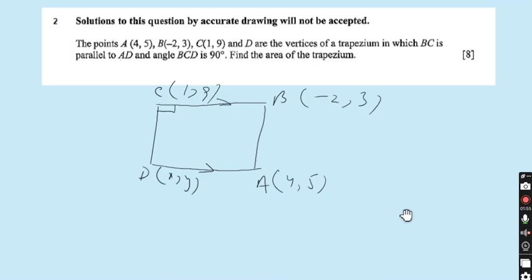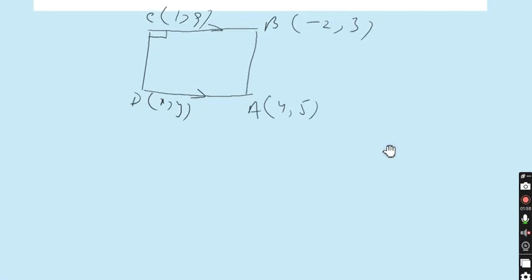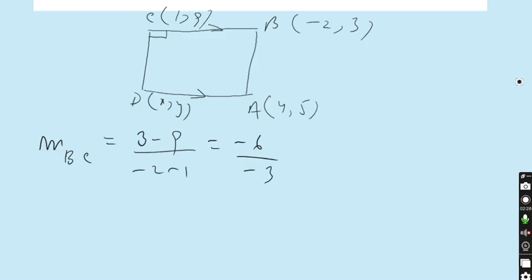Okay. Now in order to find the coordinates of D, we must find the two equations of a straight line. One is AD and the other is CD. So first we have to find the gradient of BC. The gradient of BC is (3 minus 9) upon (minus 2 minus 1), minus 6 upon minus 3, which is 2. This should be the gradient of AD.